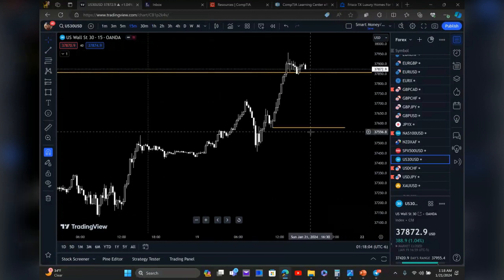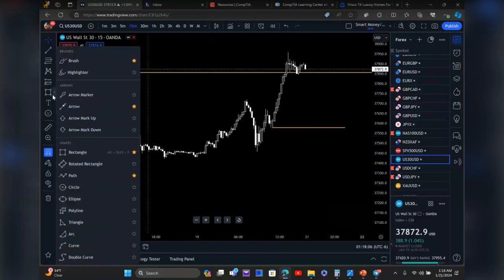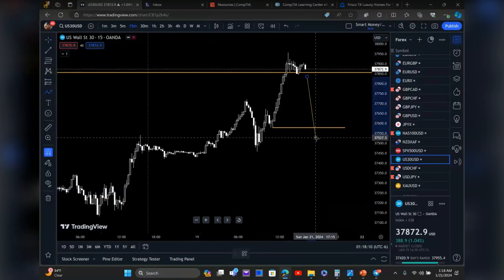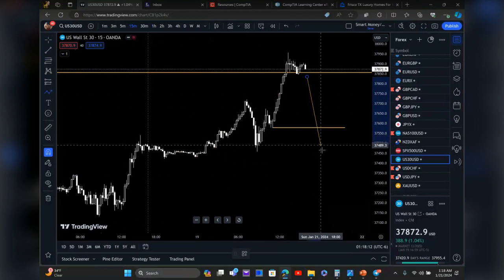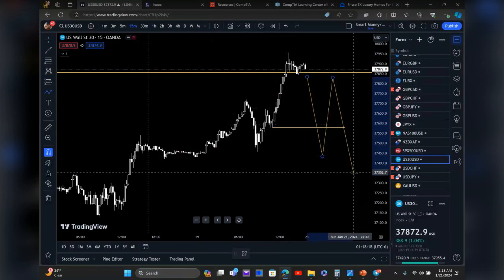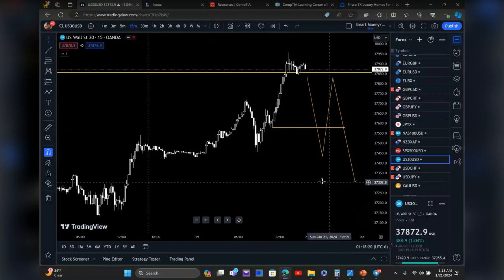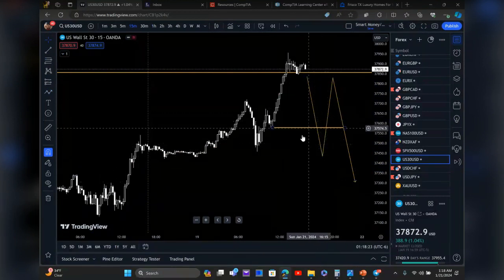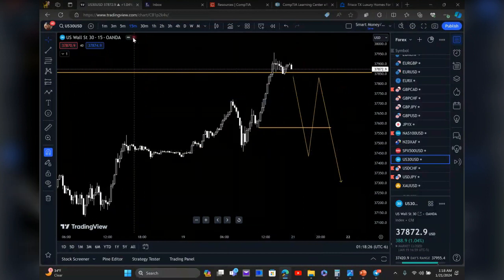Something like this. Something like boom. Come down, break this, maybe even break this one, up to the POI, then down. Something like that, or something similar.